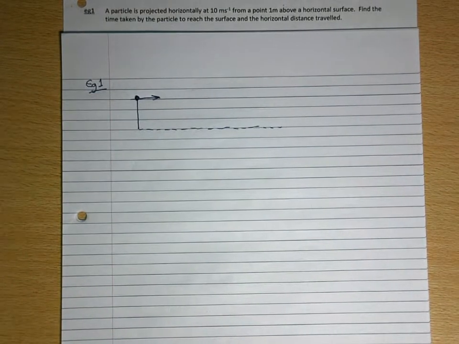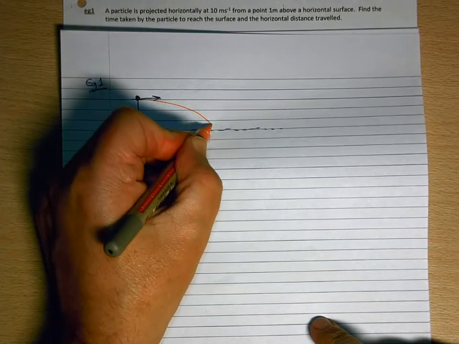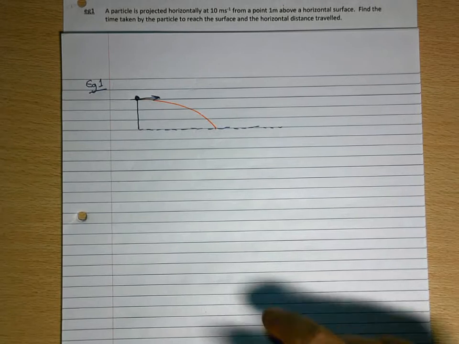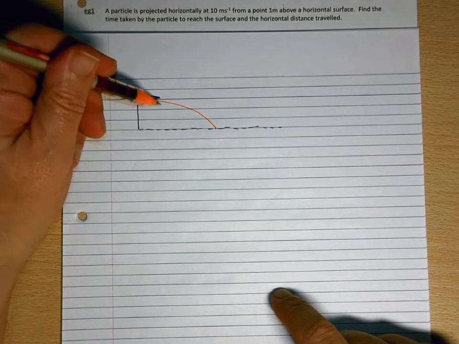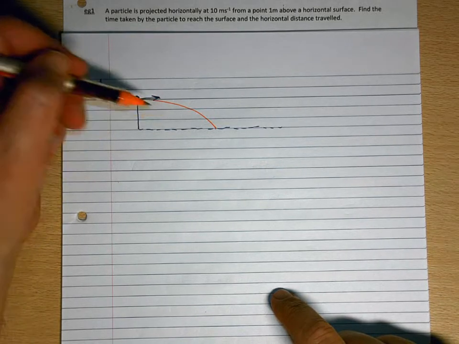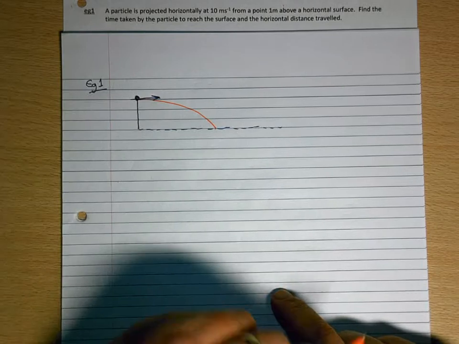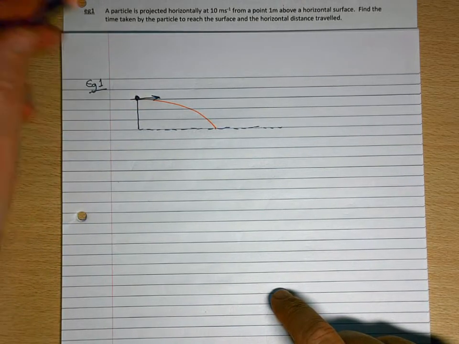And when it falls, it's going to fall in a sort of parabolic path. It's going to do that because as it moves, it's going to have gravity attracting it towards the ground. But as it moves, it's going to have this initial velocity.